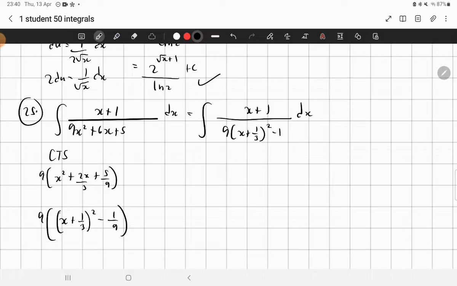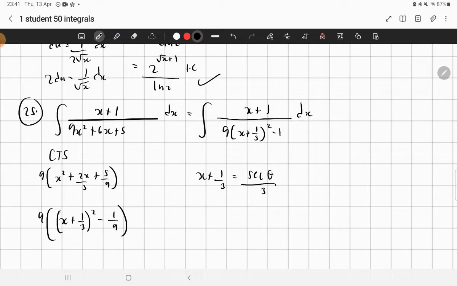Let me try. Alright, sorry, give me a second. So basically, I could substitute x plus 1 over 3 with, I think the most appropriate one is secant. Yeah, secant will be the most appropriate one. So x plus 1 over 3 is equal to secant theta over 3.